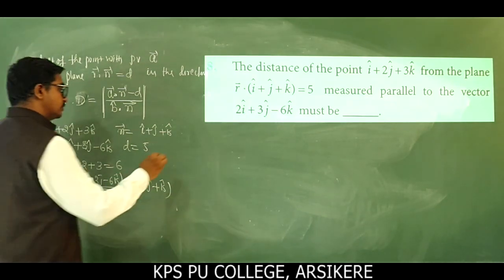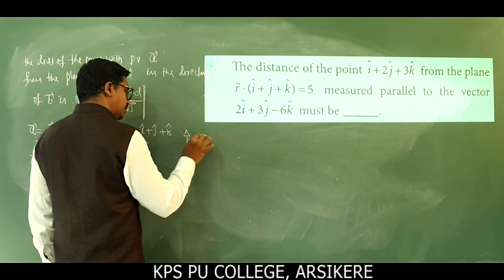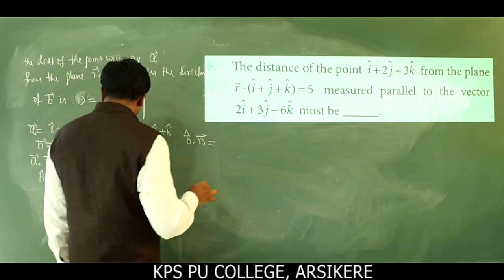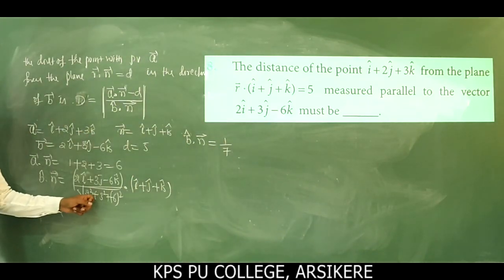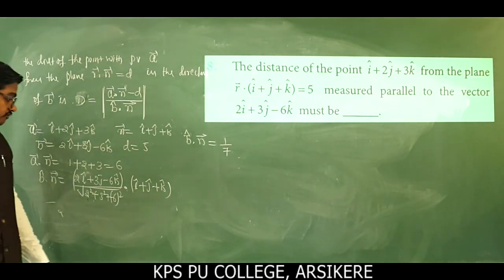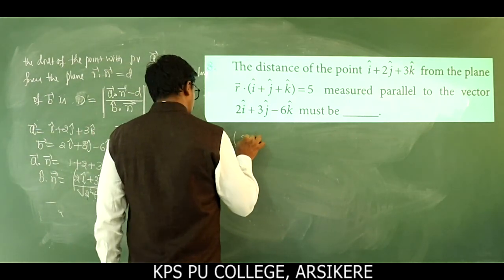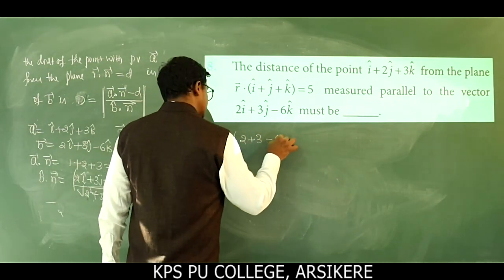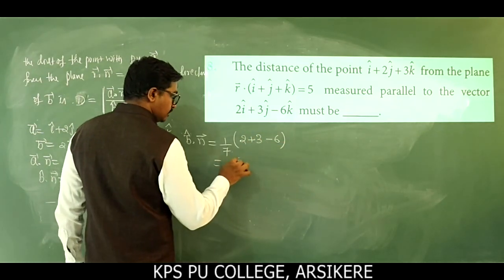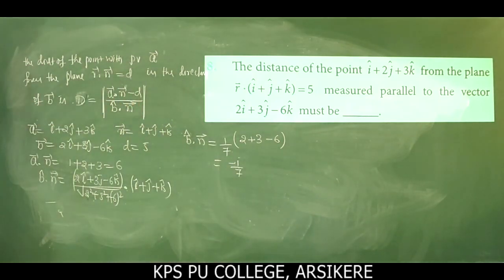So b cap dot n is equal to 1 by 7 times: magnitude 2 square is 4, 3 square is 9, 6 square is 36, 4 plus 9 is 13, 13 plus 36 is 49, root of 49 is 7. The remaining thing, 2 into 1, 3 into 1, plus 3 minus 6, we get minus 1 by 7. Minus 1 divided by 7.